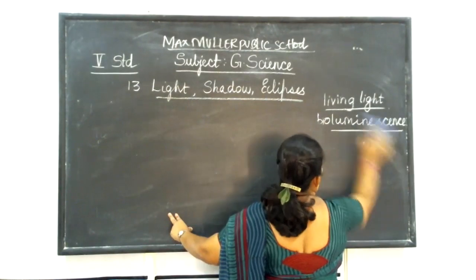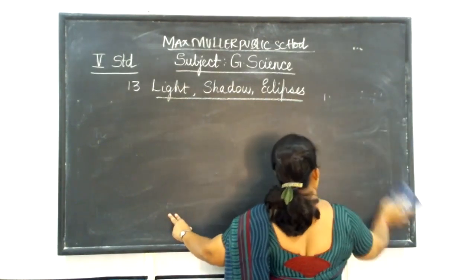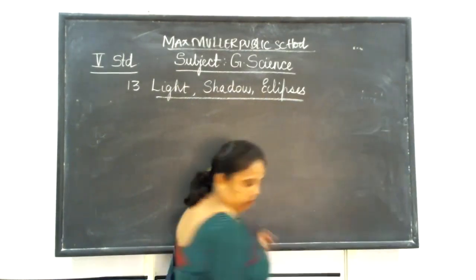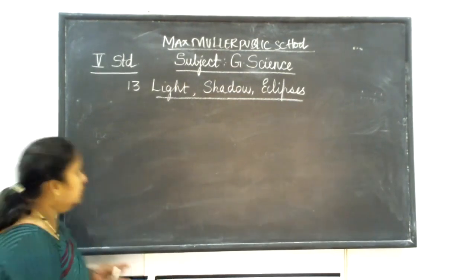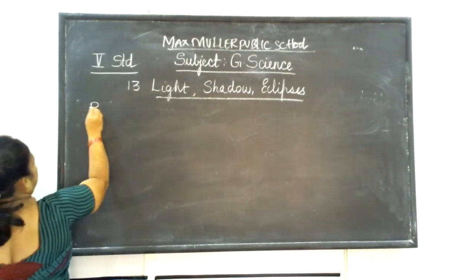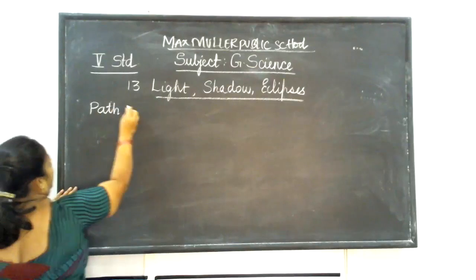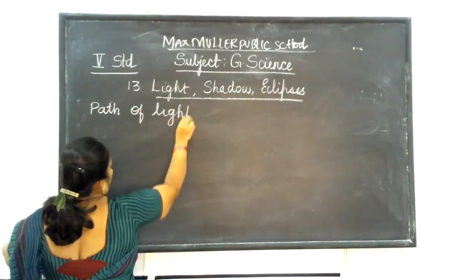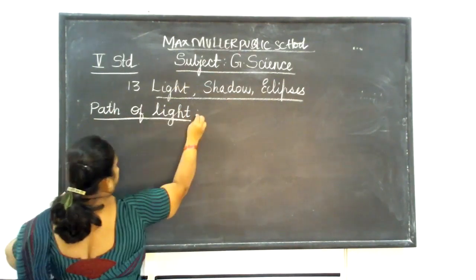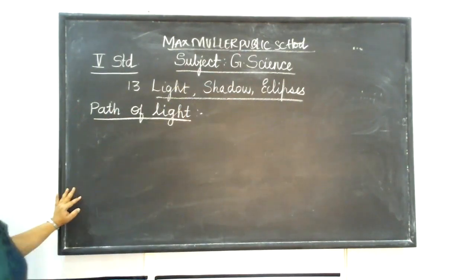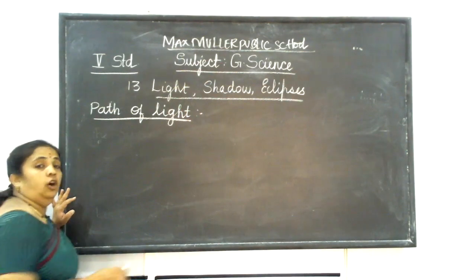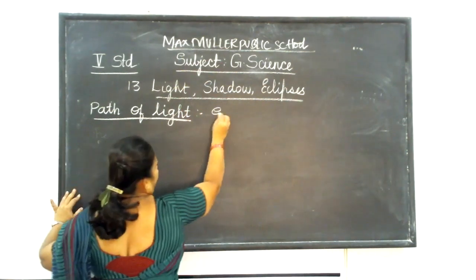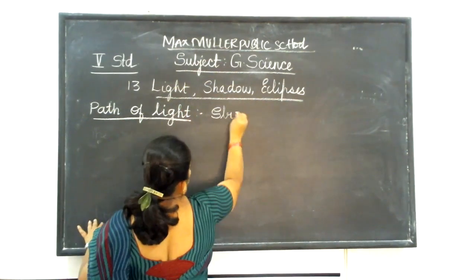Now we move to the next topic in light: the path of light. That means how it travels. As I said, when light from a source falls on an object, it always travels in a straight line.